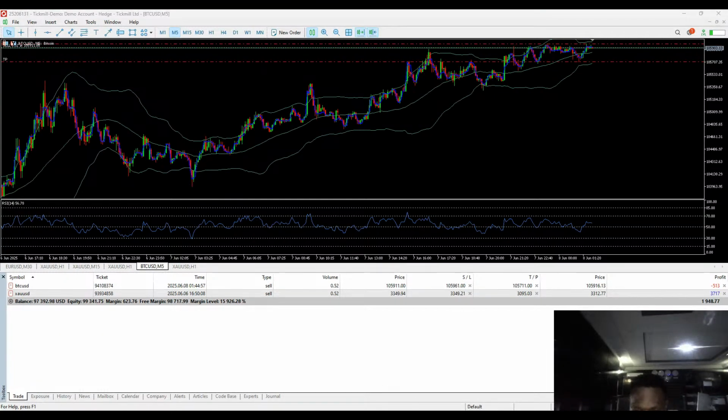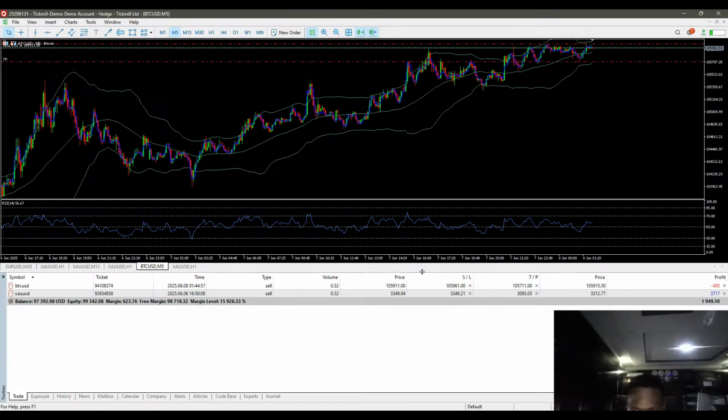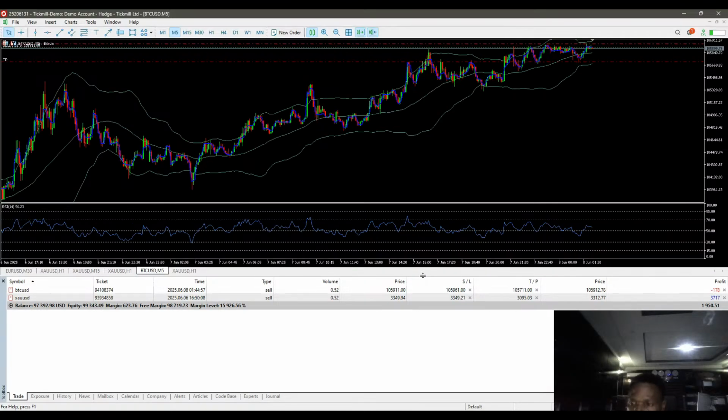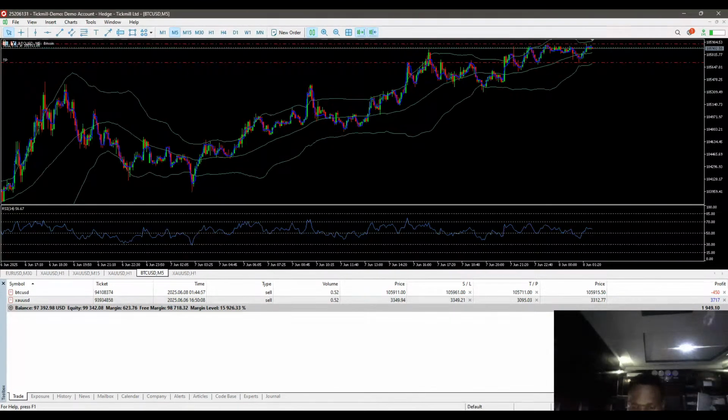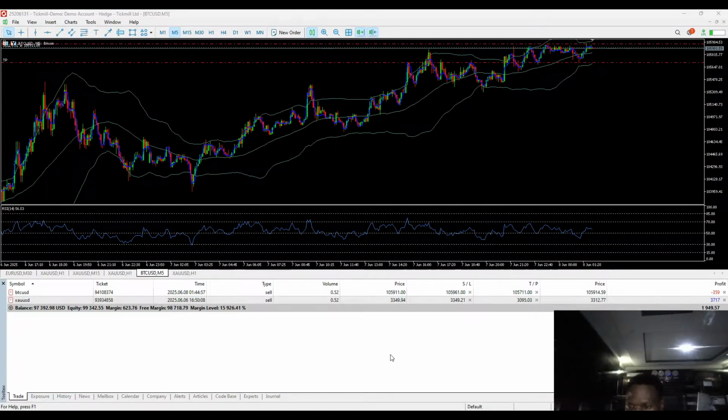Can still bring it down to this level. Down a bit. Perfect. So we can easily see this trade.